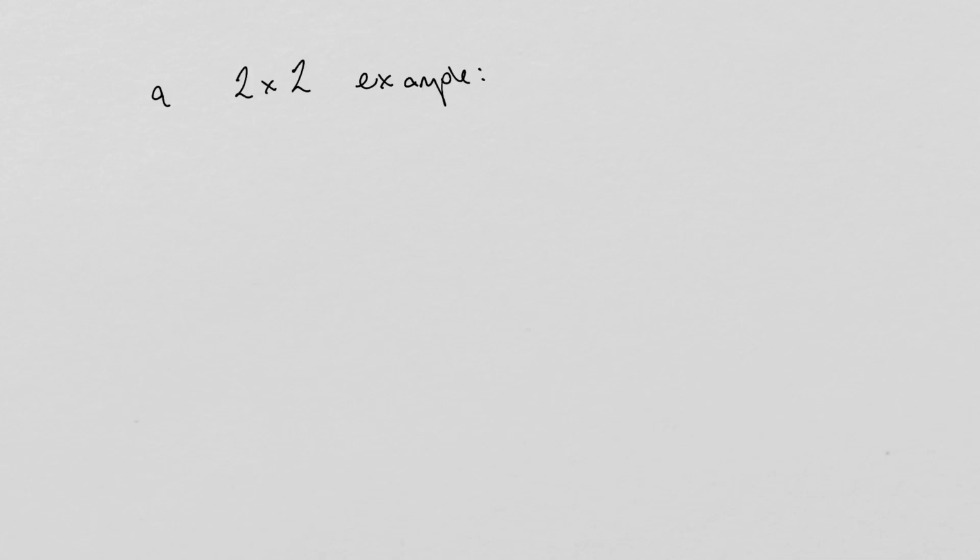But for a 2x2 system, we can do this quickly by hand, and so let's look at an operator that maybe we'll encounter later in class. My matrix is 0, 1, 1, 0. And I know from my eigenvalue equation that the matrix times my vector is going to equal lambda times my vector.